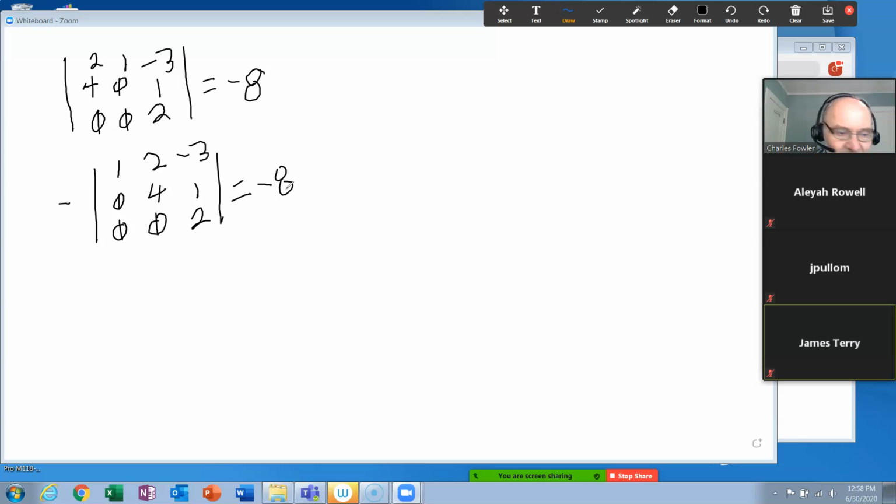All right? Let's do the next one. This is the determinant of, and all we're interested in is the determinant, 2, 3, negative 5, 4, 1, 0, and negative 2, 4, 3, 4, negative 3.